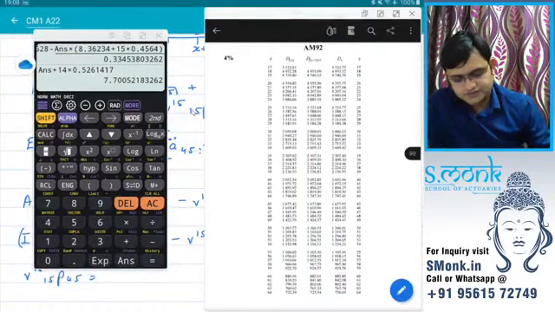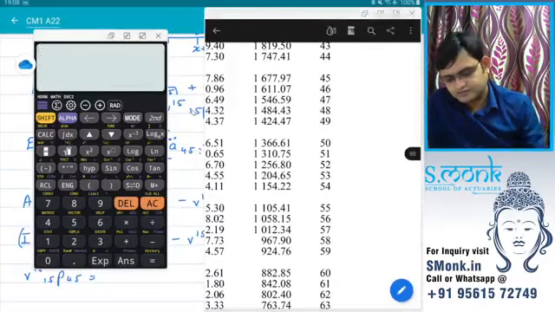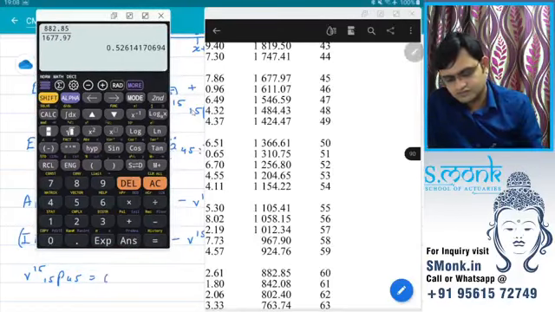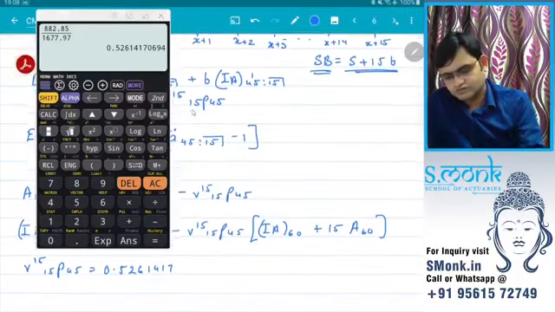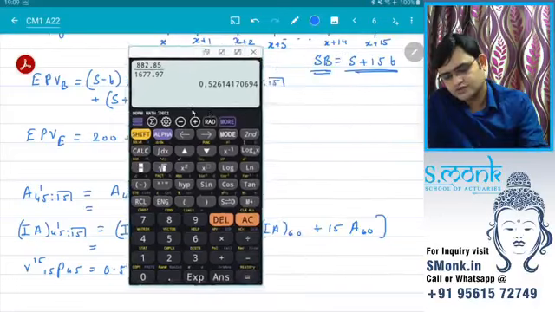Okay, so D 45, D 60, everything is ultimate. Then we'll use this to find our term assurance value as well as the increasing term assurance value.